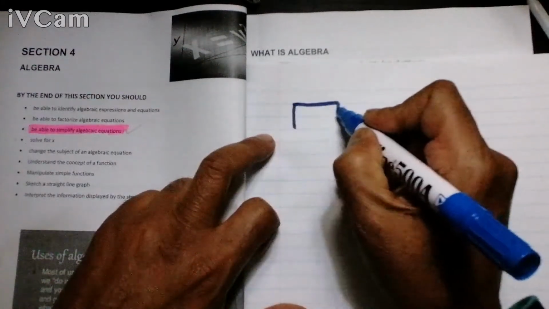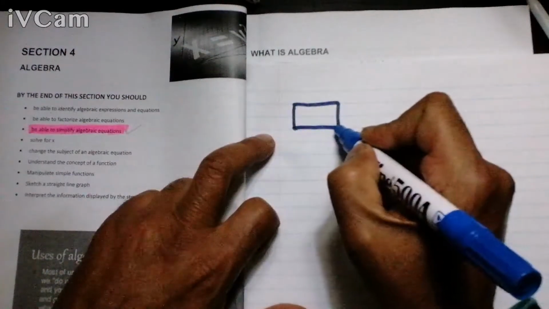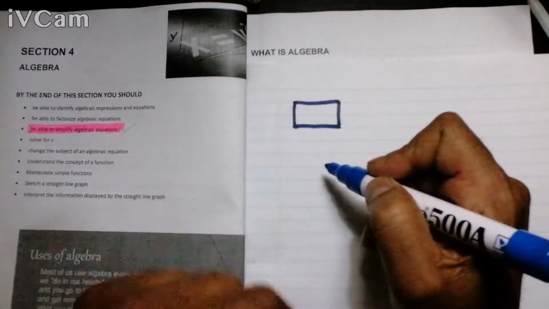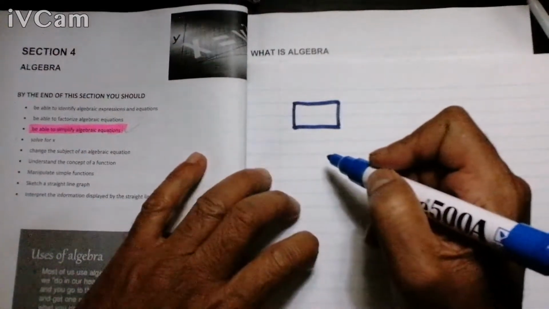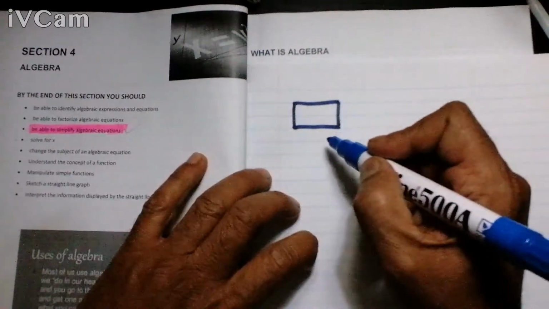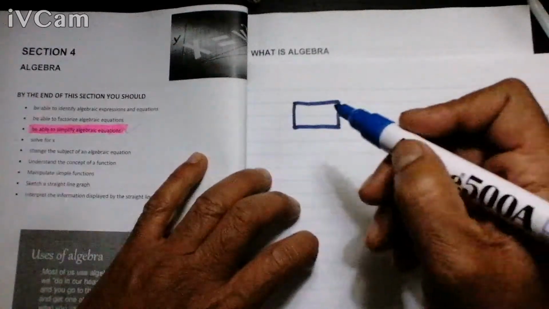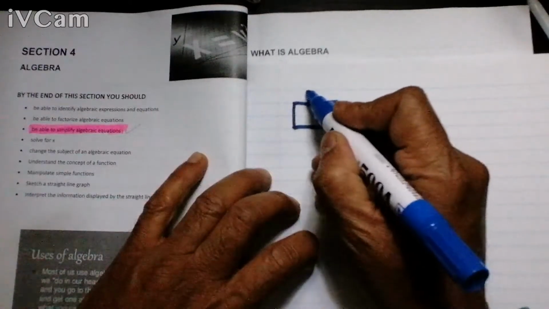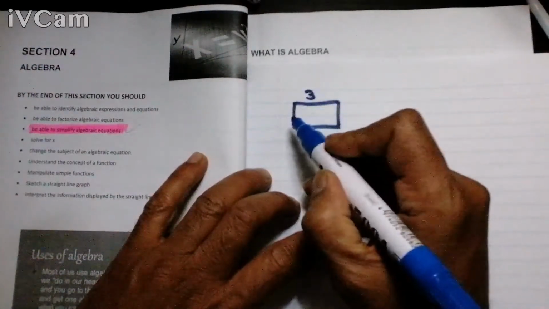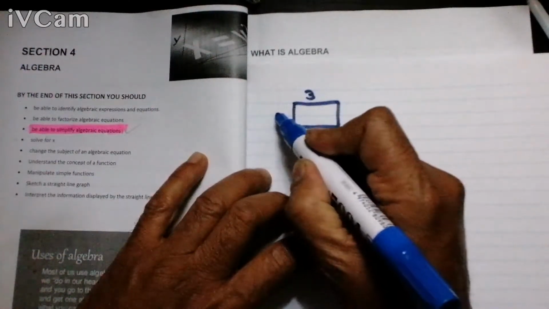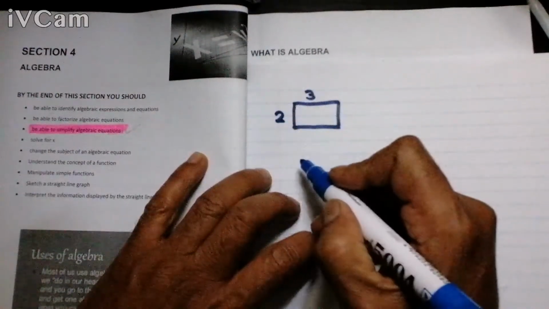So that is the rectangle that I have drawn, and along similar lines you would draw your own. The rectangle that I have drawn has a length of 3 centimeters and a breadth of 2 centimeters.